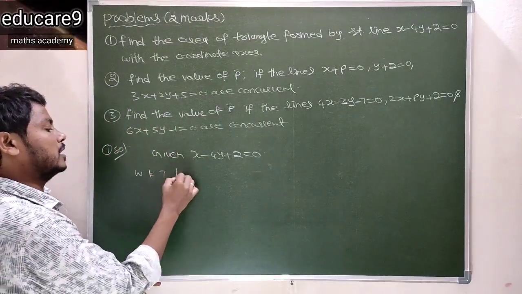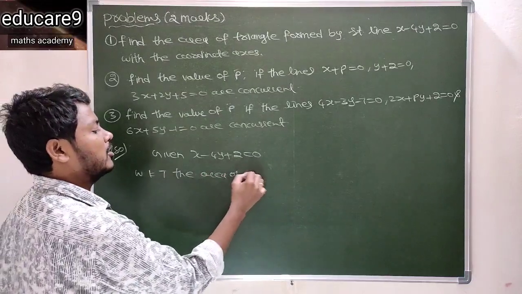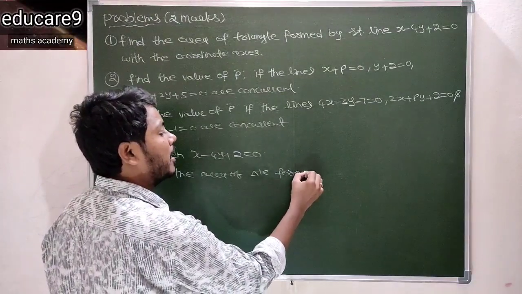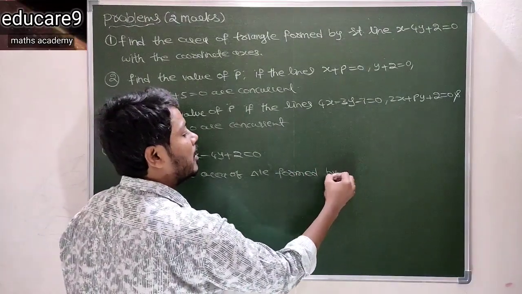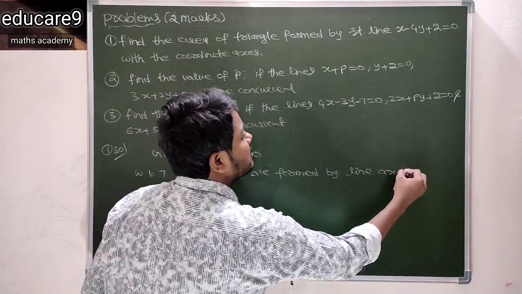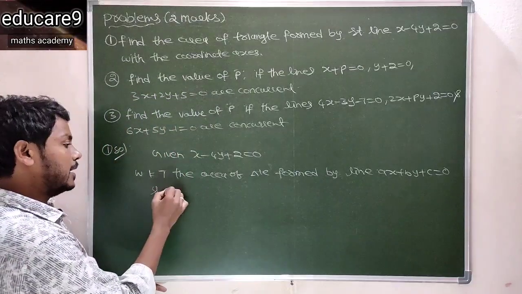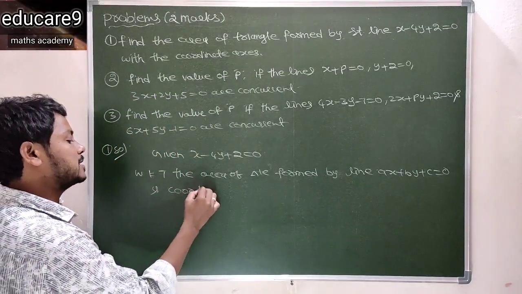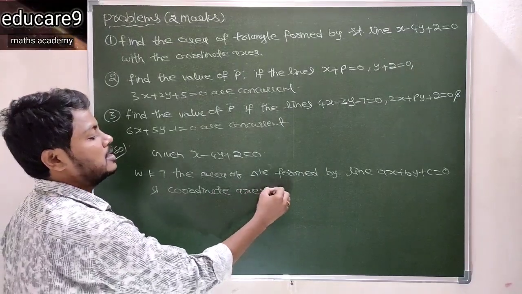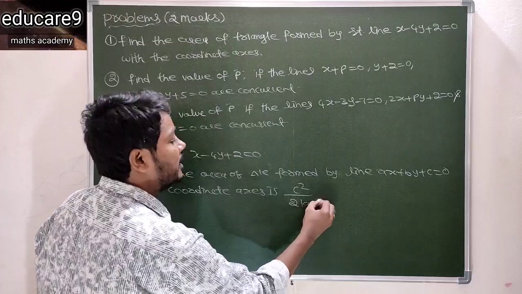So here we know that the area of the triangle formed by the line ax plus by plus c is equal to 0 and the coordinate axes is c square by 2 into mod AB.